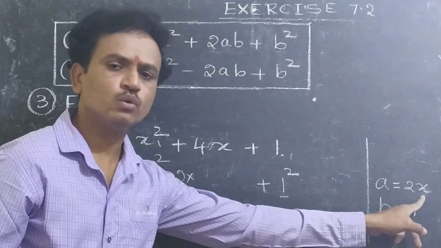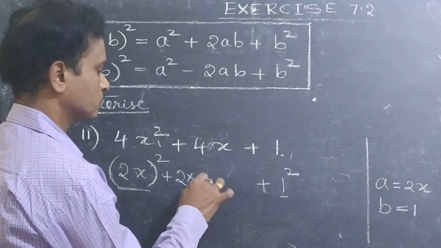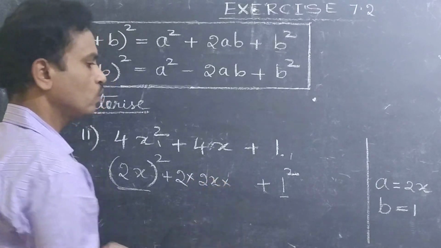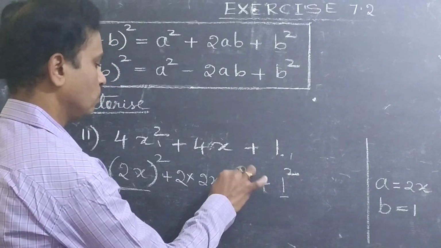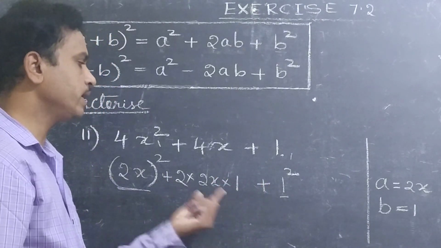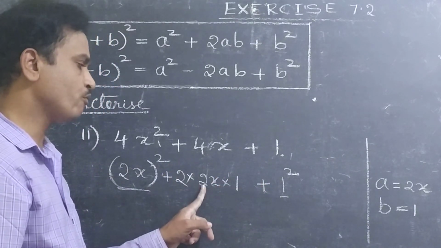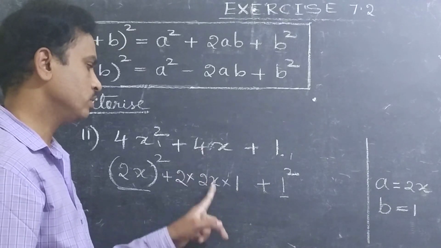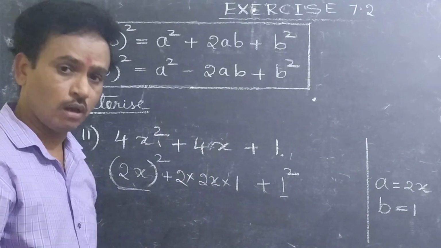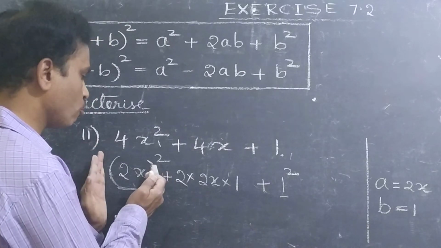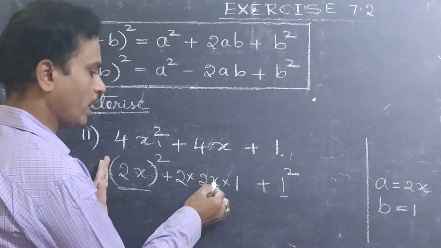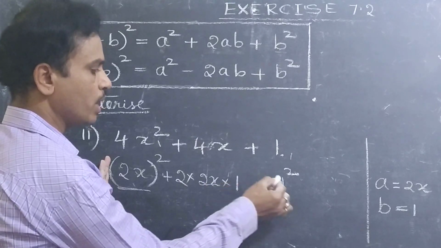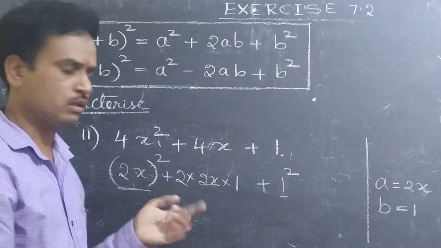What is the a value? 2x. Into b. What is the b value? 1. If you multiply, you will get the same result. 2 twos are 4, 4 into 1, 4, and x.